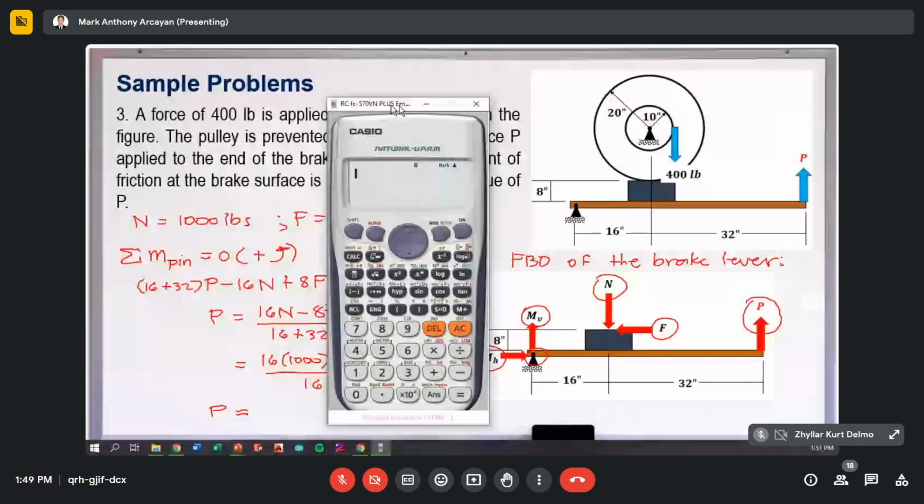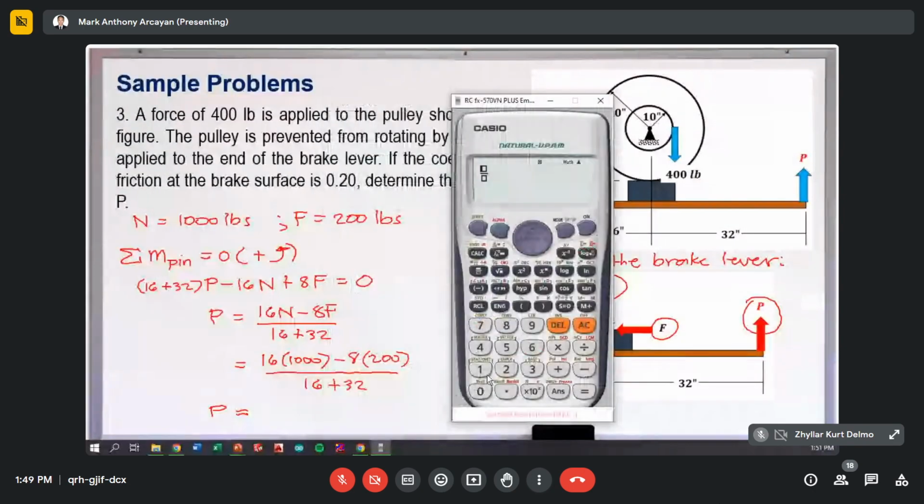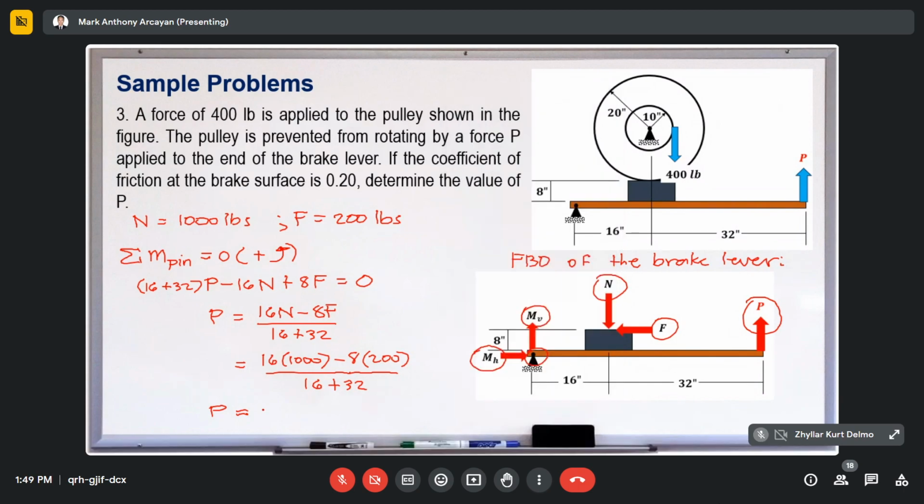We have 16 times 1,000 minus 8 times 200 divided by 16 plus 32. Okay, so the answer is 300. Exactly 300 pounds. So, mao ni siya ang value sa force P required to prevent the pulley from rotating.